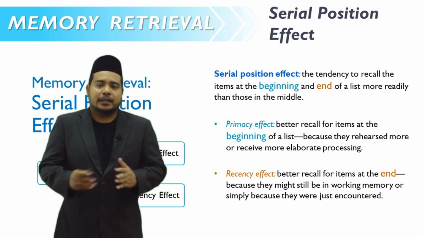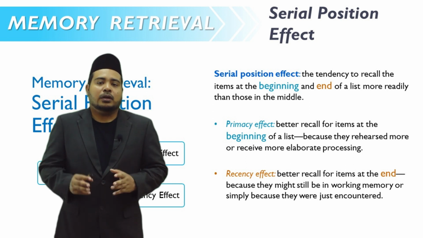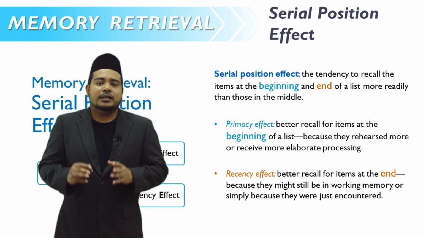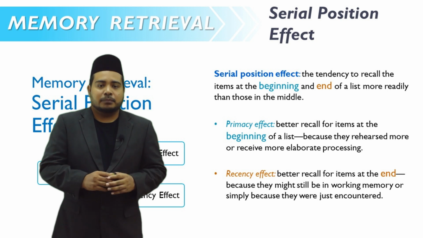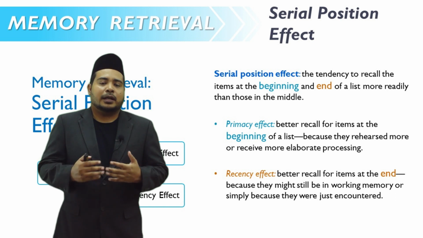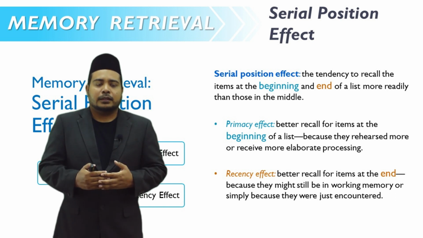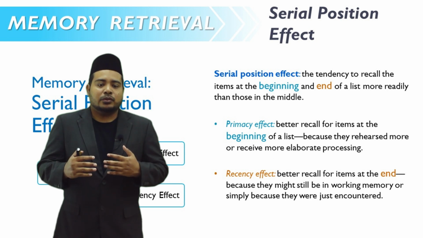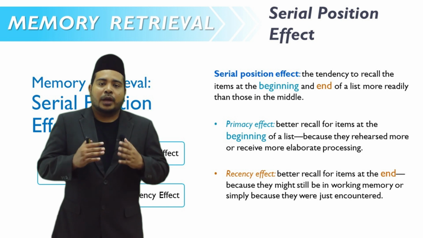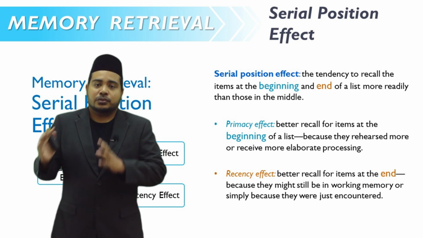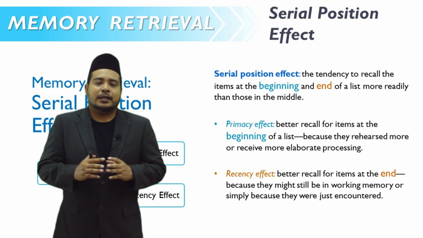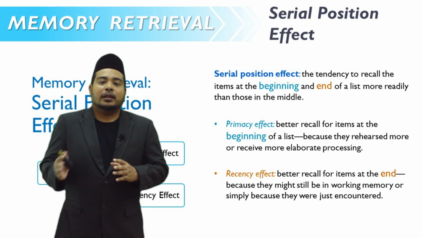Serial position effect is the tendency to recall the items at the beginning and at the end of a list more readily than those in the middle. Okay, take for example that we are memorizing Quranic verses or surah. This is not about trying to memorize them. This is the case whereby you have already memorized the surah, and when you want to recite the surah back, some of us might struggle to recall everything.